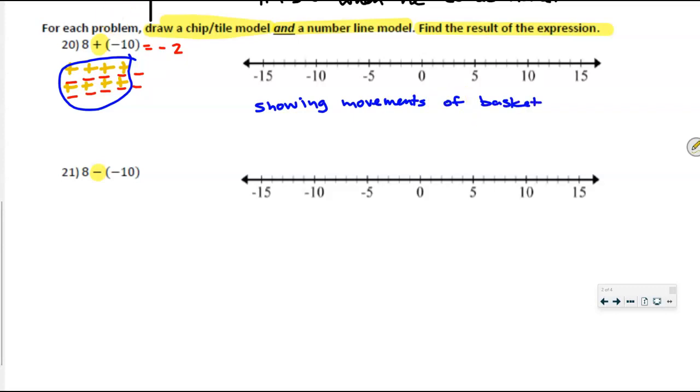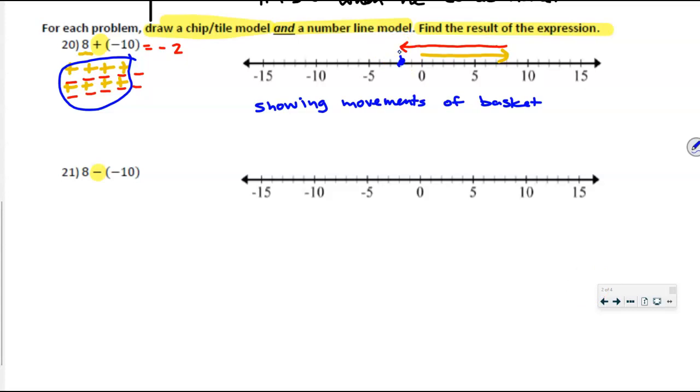But this magical floating basket is at 8 because of those 8 balloons that we're pulling it all the way up here to 8. But then I added 10 rocks, and every time I add a rock, the basket sinks lower and lower and lower. So 1, 2, 3, 4, 5, 6, 7, 8, back to 0, 9, and 10. Those 10 rocks made it sink so low, it is now below 0 at -2.